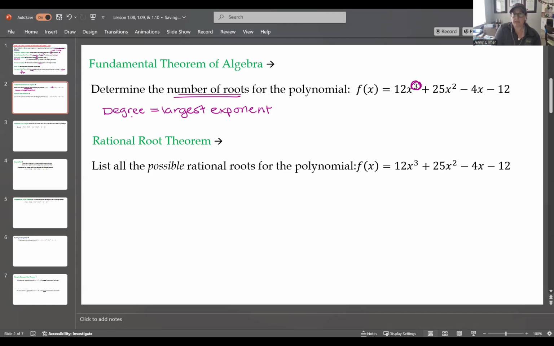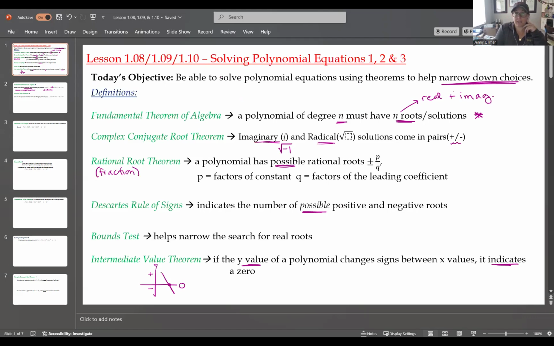So this tells me that this will have 3 solutions. What those 3 solutions are, I don't know, but it has to be 3. Now, I can have an idea about them if I go back and I think about this complex conjugate.